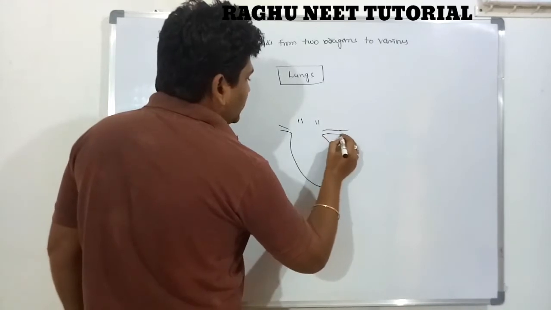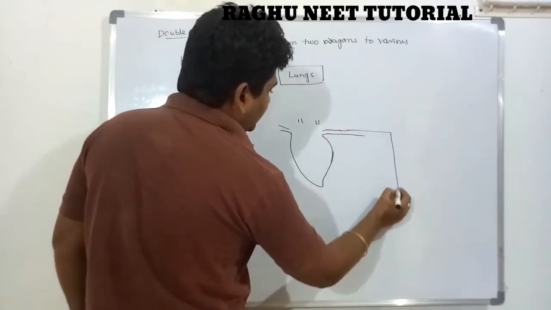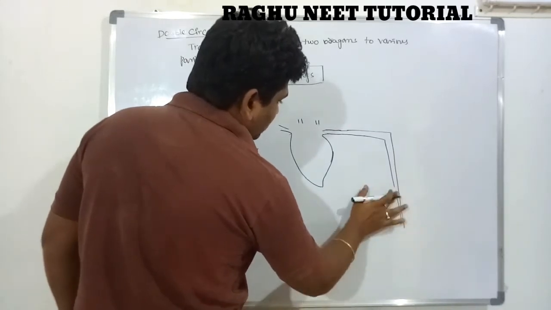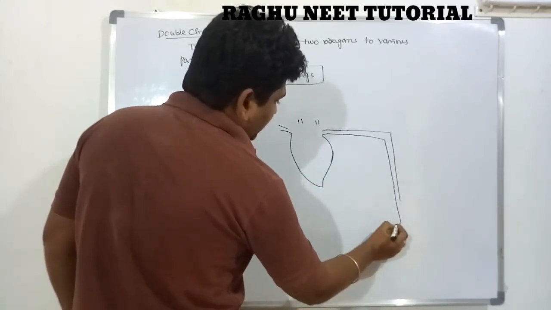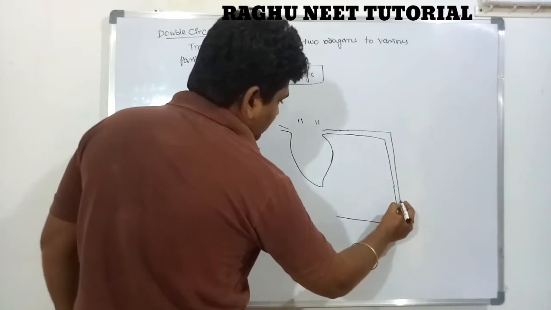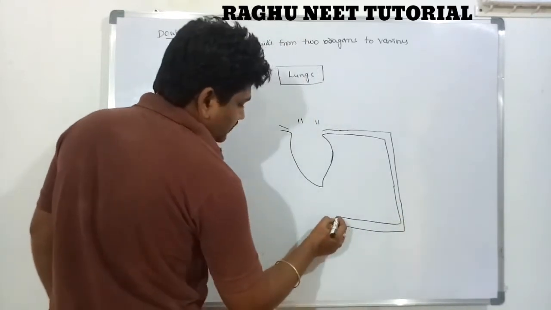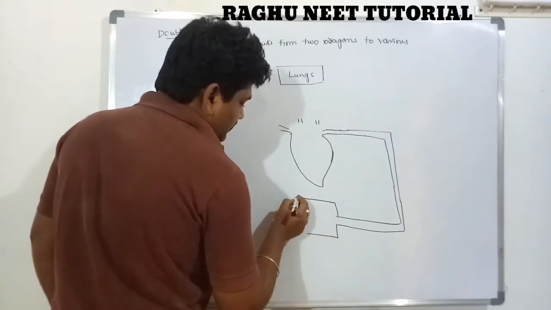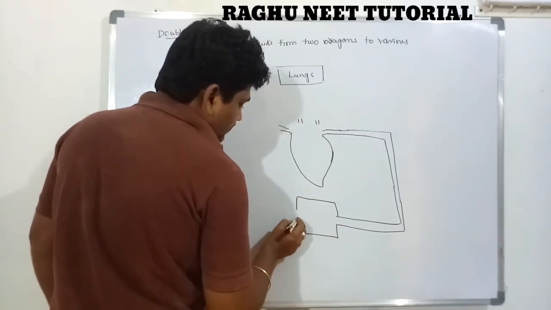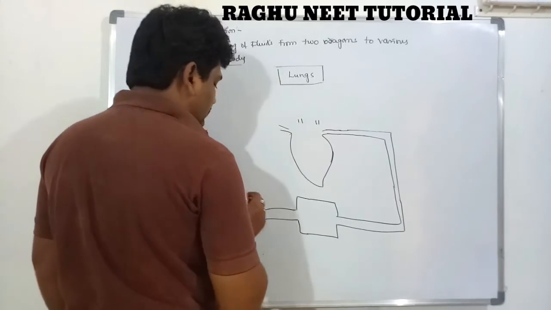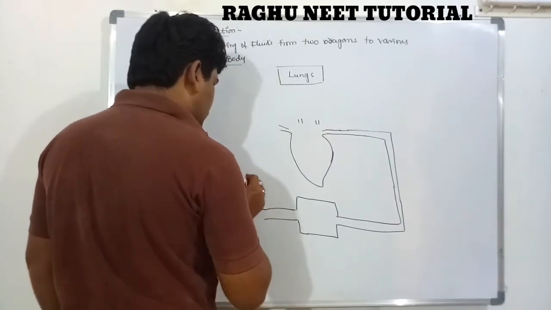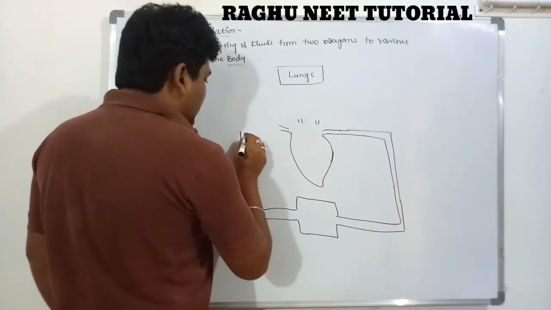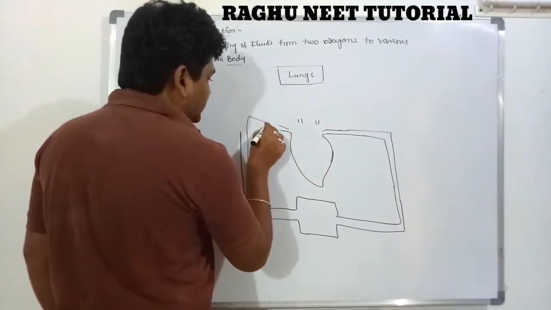The heart transports the oxygenated blood to various parts of the body. And various parts of the body utilize the oxygenated blood, and it is converted into deoxygenated blood.